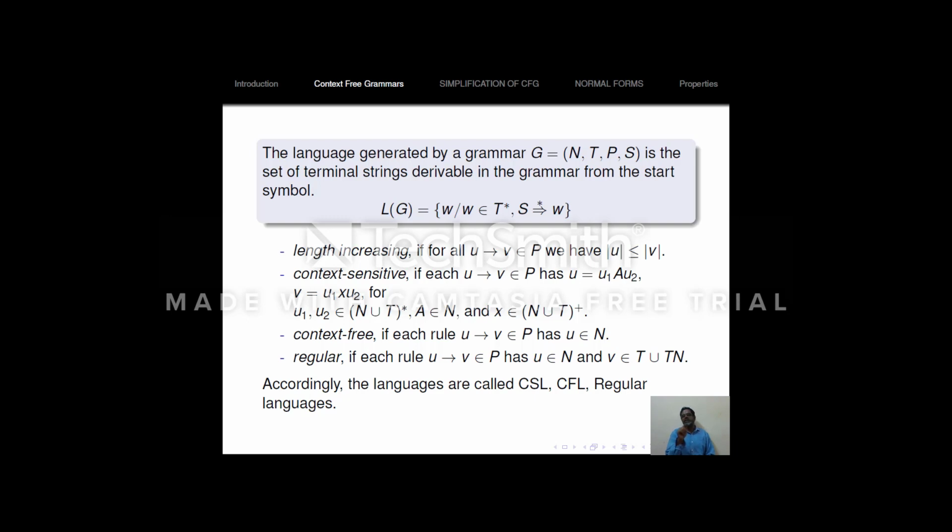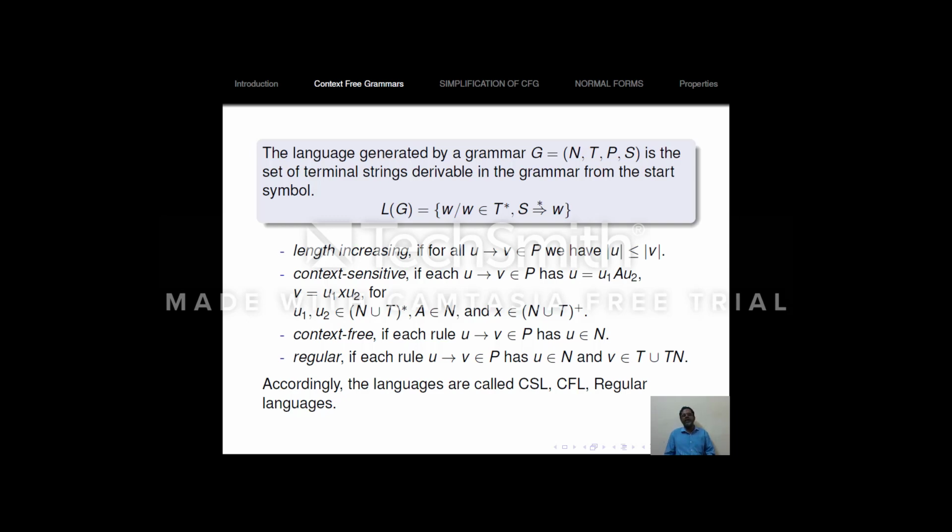The star over the symbol tells you that you start from the start symbol S, and by repeated application of the productions of P, we get w. So the set of all w which are derivable from S are called words generated by the grammar. This is represented by L of G.